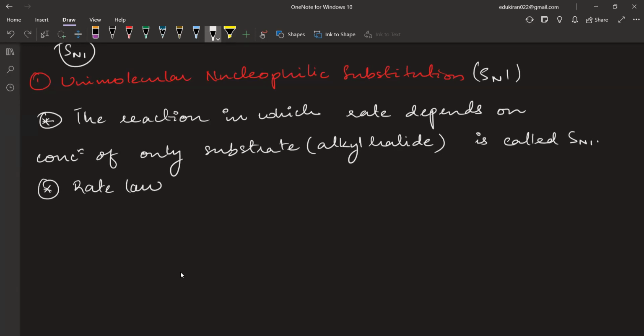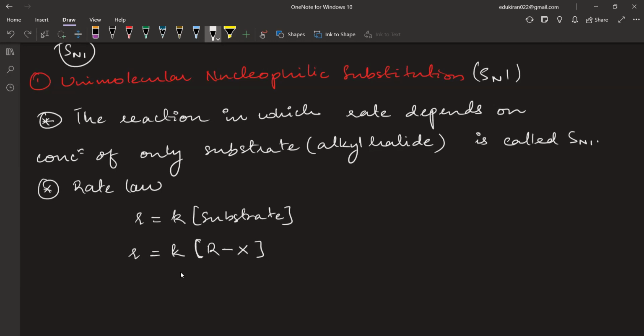Now for this, the rate law will be R equals the rate constant K times the concentration of substrate. In this chapter we'll write this as K times RX, the alkyl halide. This is our substrate.